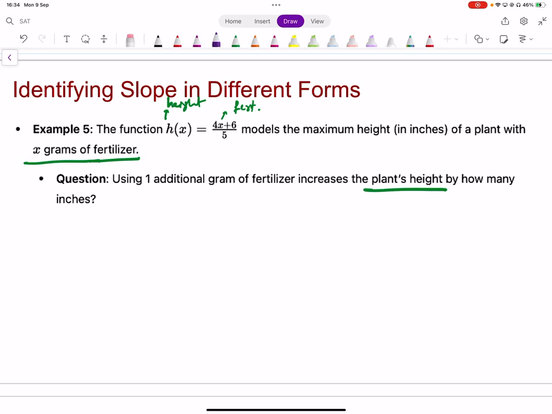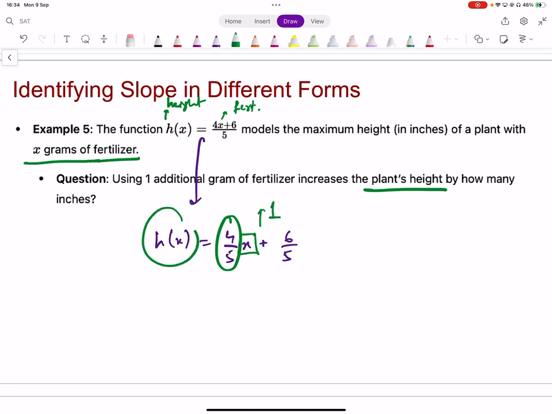So if you were to convert this equation to a standard linear form, you would say this is h of x equals, if you break it down, 4 over 5x plus 6 over 5. Can we do that? 4 over 5 is the gradient. Now, if x increases by 1 unit, how much does height change? 4 over 5, 0.8, right?